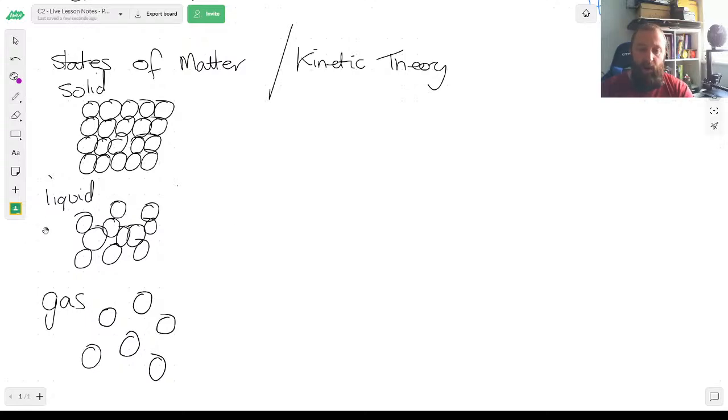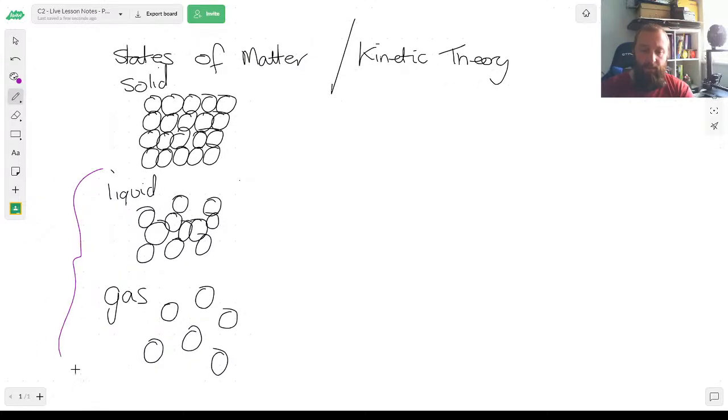Both liquids and gases are fluids. I know we often talk about fluids being liquids in terms of water, but both liquids and gases are fluids because they can mold themselves to their containers. But with a liquid, they're still touching. With a gas, they've moved apart.